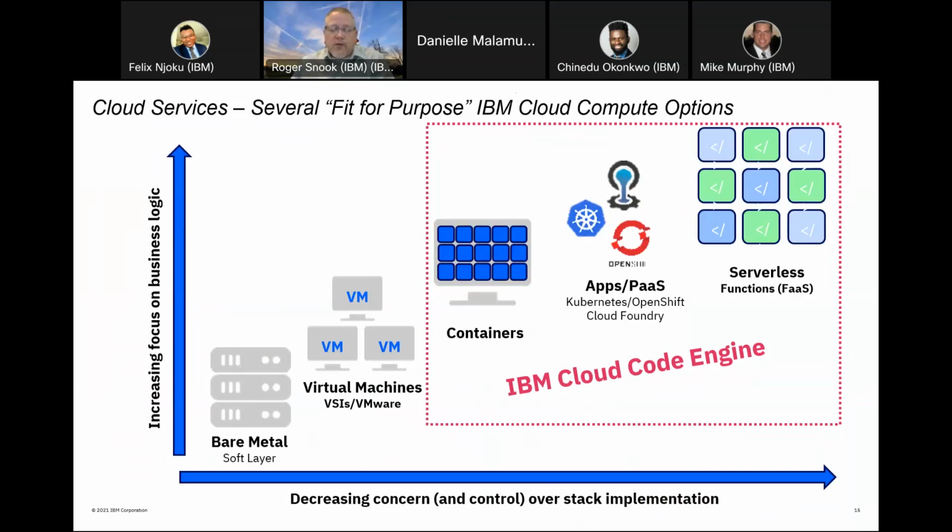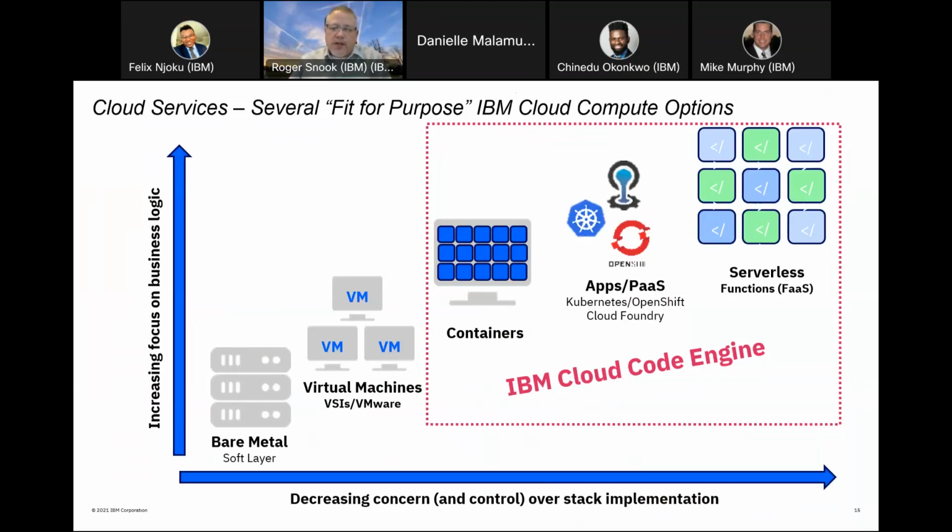And of course, as you reinvent or maybe start creating new applications for the cloud, you're taking more of a containers approach. So IBM has two flavors of containers and container orchestration through Kubernetes or Red Hat OpenShift.